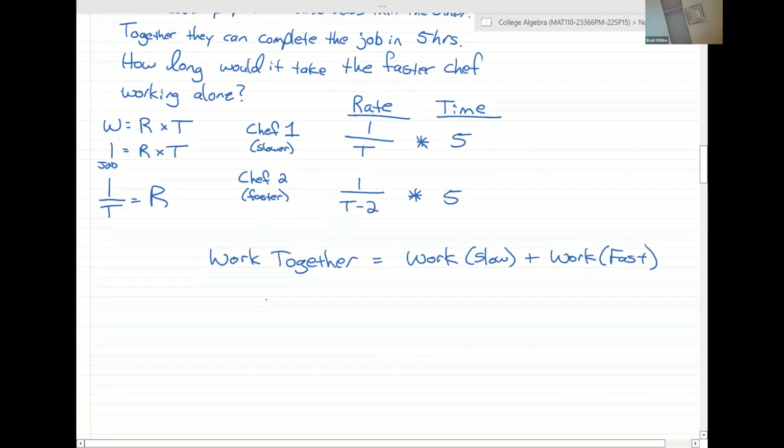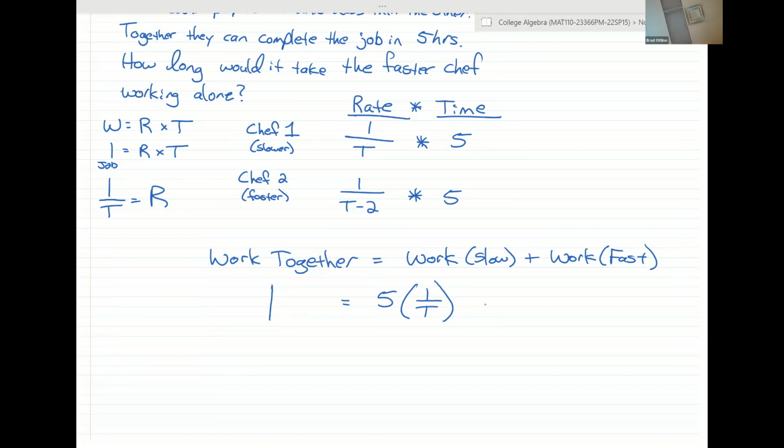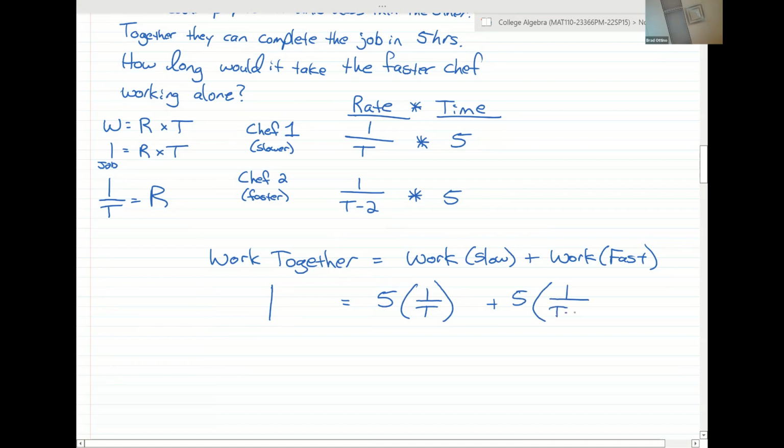Working together, they could do 1 banquet. The work for the slower chef would be the rate of the slower chef times however long they work, which would be 5 times 1 over t. For the faster chef, it's going to be 5 times 1 over t minus 2.